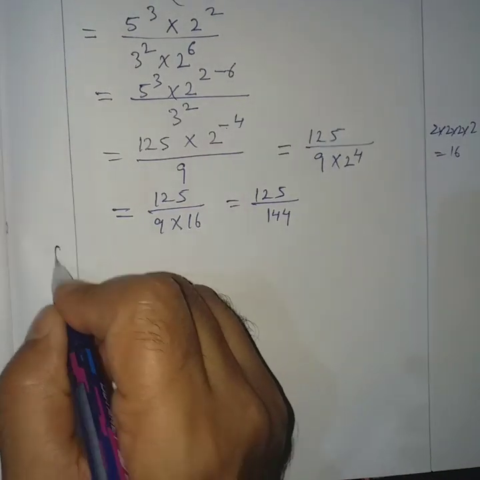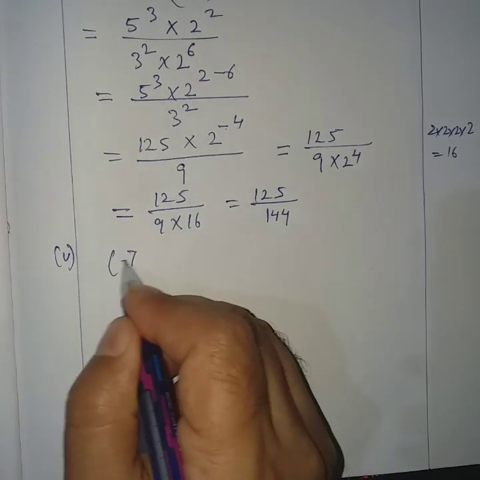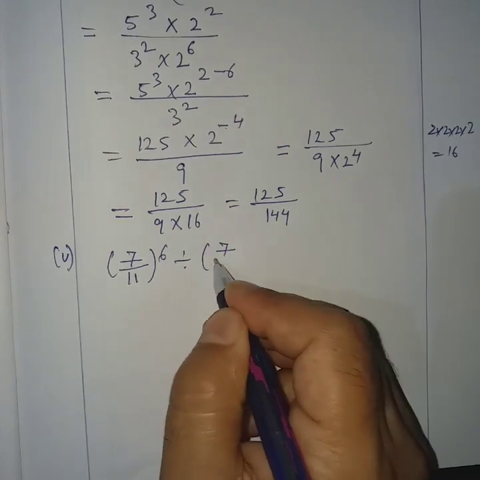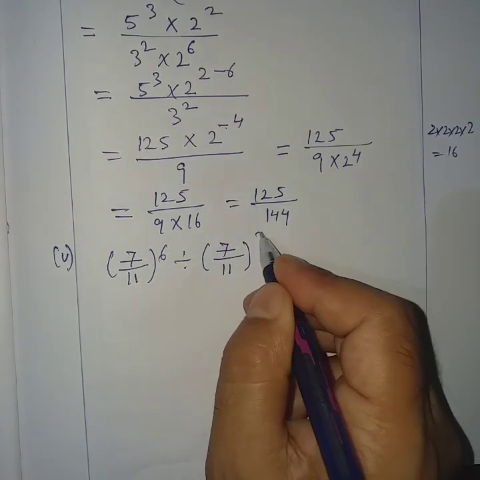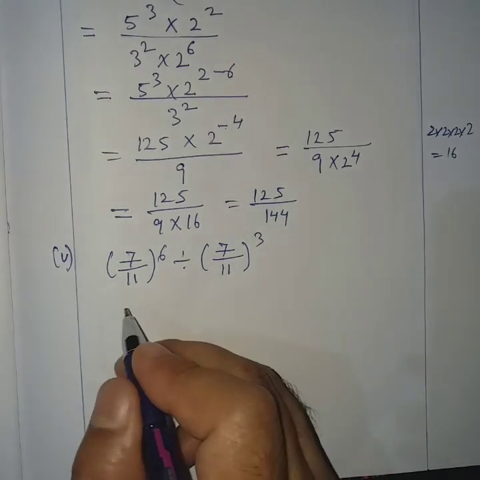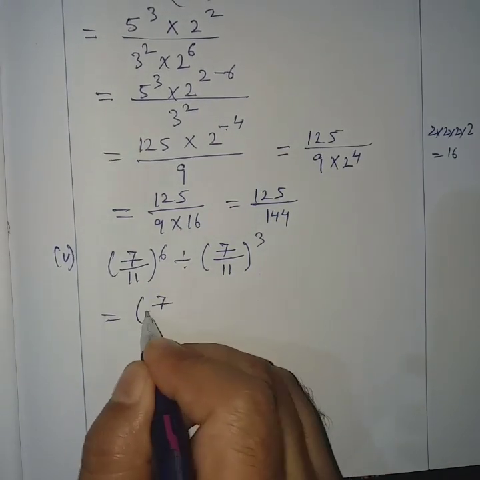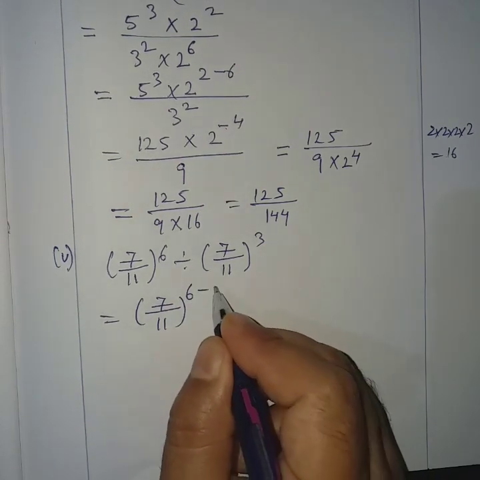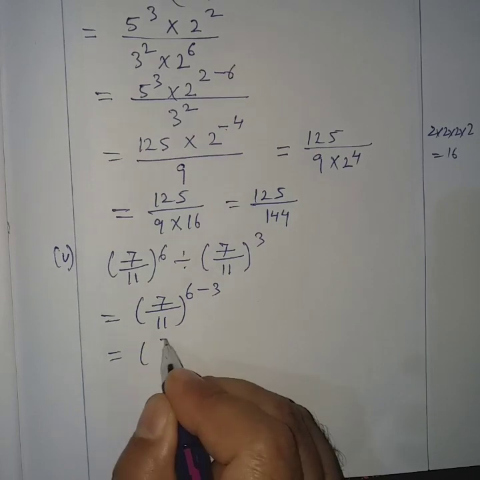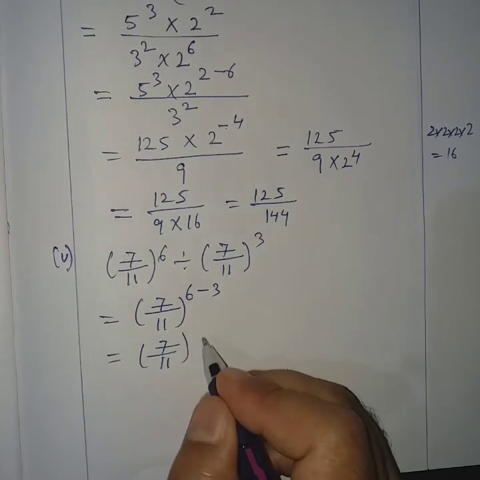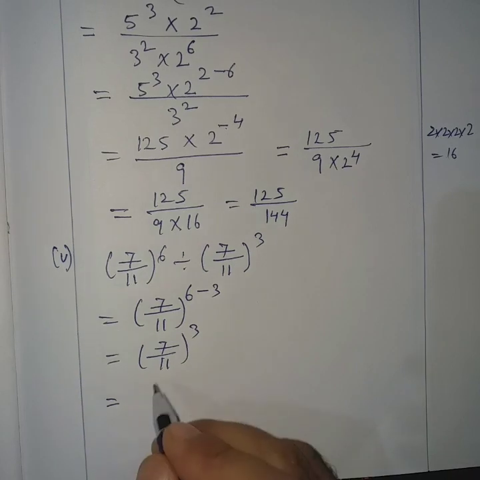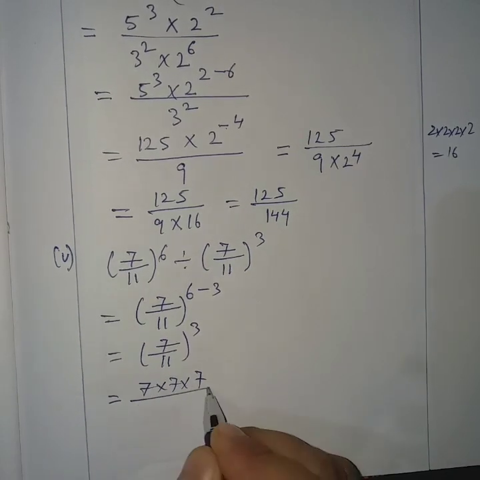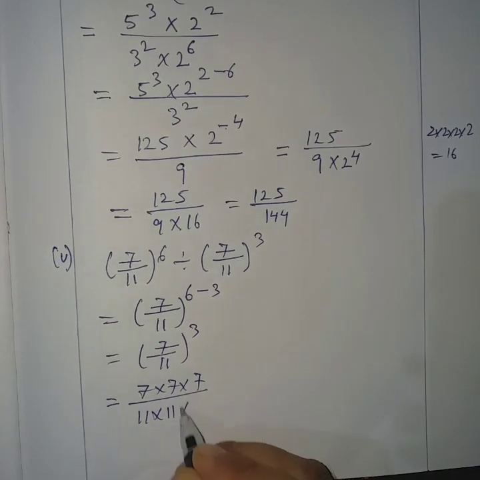Now question number 5, which is very simple: (7/11)^6 divided by (7/11)^3. Here the bases are same, so directly you can apply the laws. 7 by 11 to the power of numerator minus power of denominator gives us (7/11)^3, and we have to convert this into a rational number. 7 into 7 into 7 and 11 into 11 into 11.